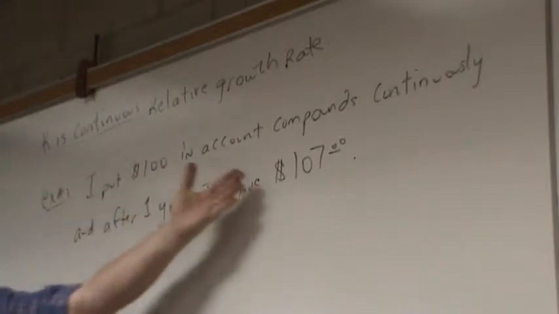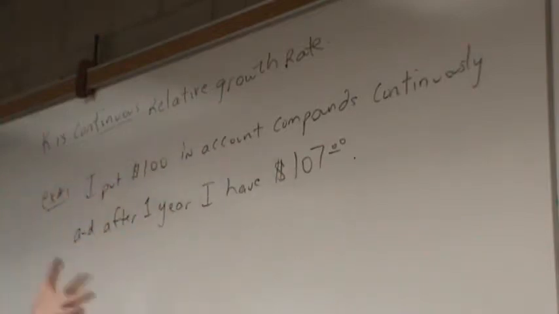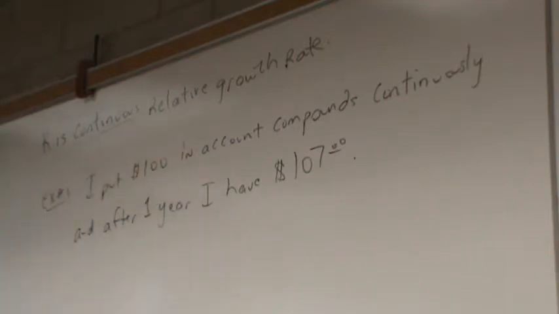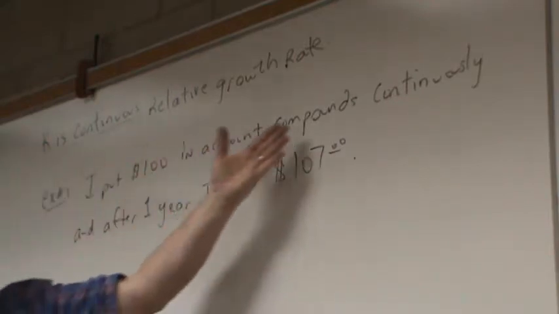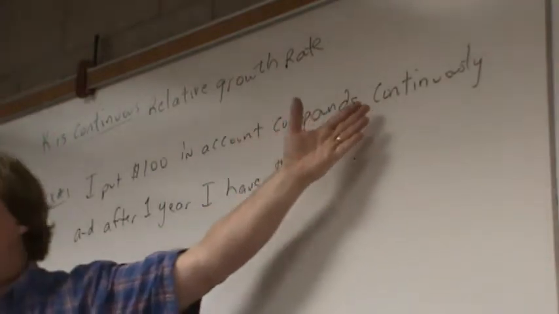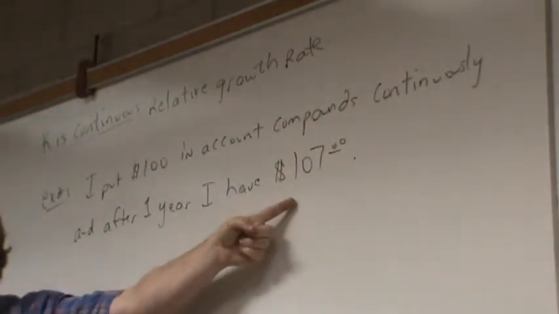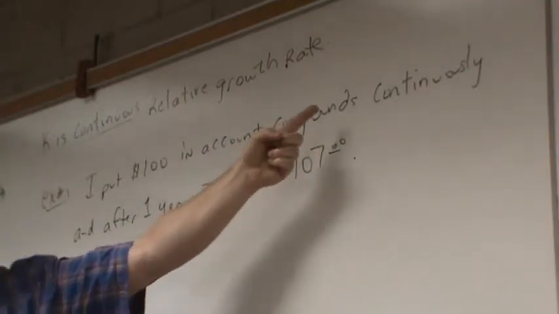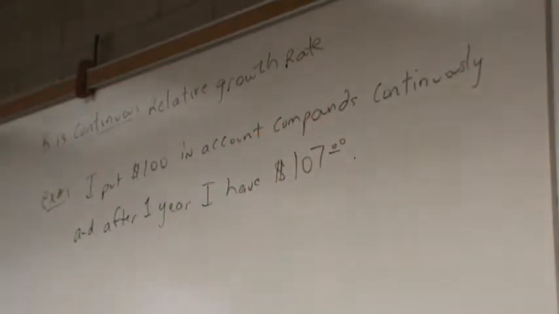I think everybody in here can tell me, what's the relative growth rate? What percent did I gain? 7%, right? But that's not my continuous relative growth rate. The percentage of interest that I'm getting compounded continuously isn't 7%, because if I had an interest rate of 7% that compounded continuously, I would make more than $7.